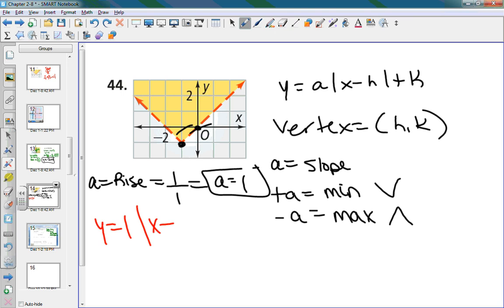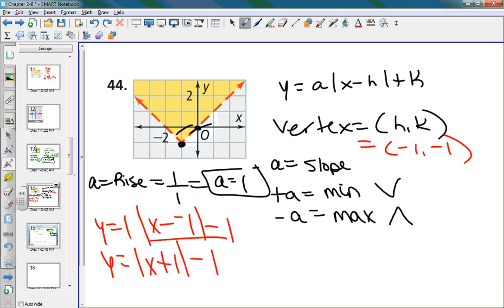Well, what's this point? What's the ordered pair? That point is -1, -1. So now what is H? -1. What is K? -1. So what is negative minus a negative? Positive. So I have Y is equal to the absolute value of X plus 1 minus 1.